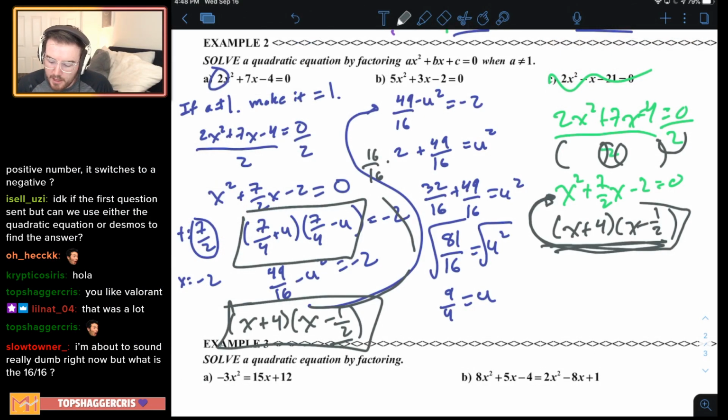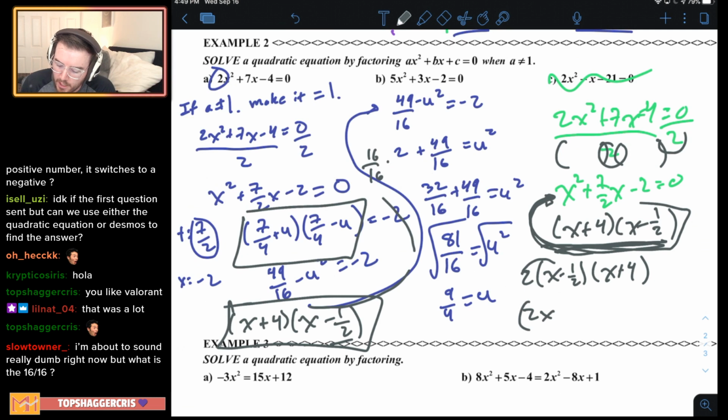So if this right here is this guy, well then let's put that 2 back in place. How are we going to do that? Let's do 2 times x minus a half times x plus 4. 2 times x is 2x. 2 times a half is -1.